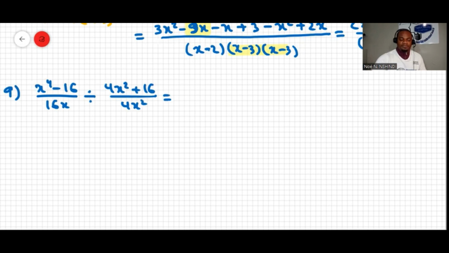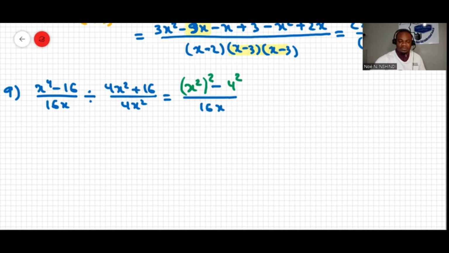When I look at the first fraction, I notice that we have a difference of 2 squares here, because x to the power of 4 can be written as x squared, to the power of 2, minus 16, which is also 4 to the power of 2, over 16x.